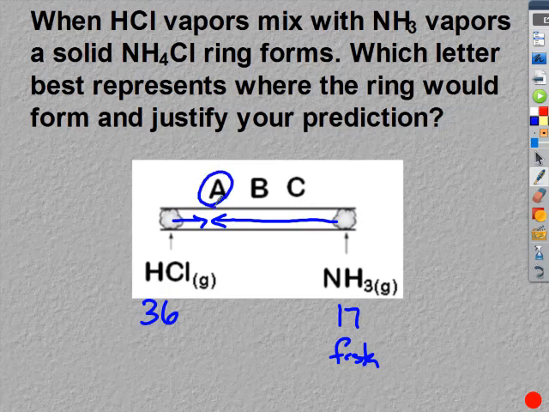So A is our correct answer. B would be if they were roughly the same molar mass, and C would be if HCl had the smaller molar mass. So NH3 will have a faster average velocity due to it having a smaller molar mass. It will travel further than HCl before meeting.